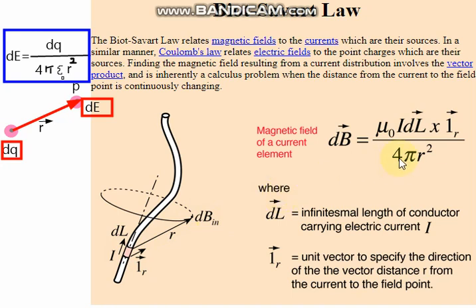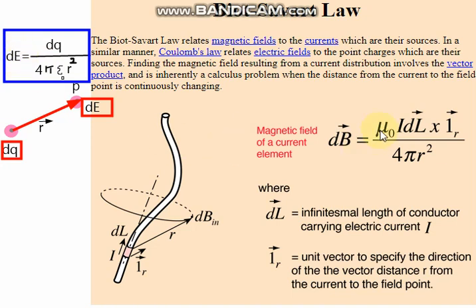So here, instead of 1 over 4 pi epsilon naught, we have mu naught over 4 pi, and you will observe that in all the relations for dB we will have this constant mu naught divided by 4 pi, just as we had 1 over 4 pi epsilon naught in case of the electric fields.